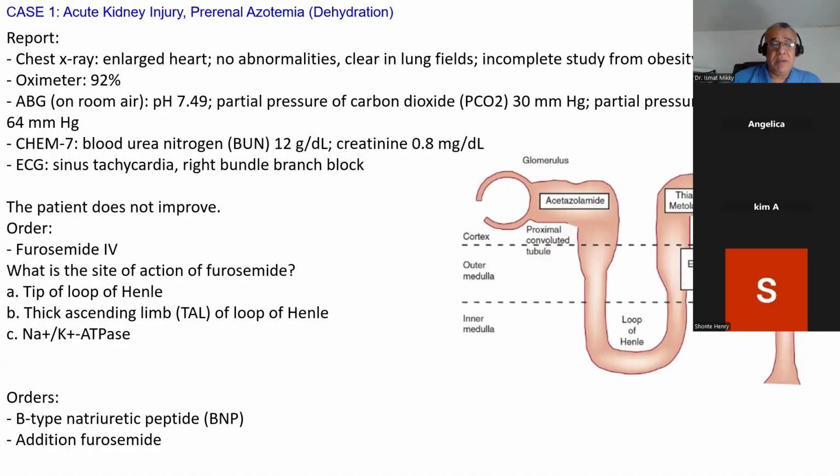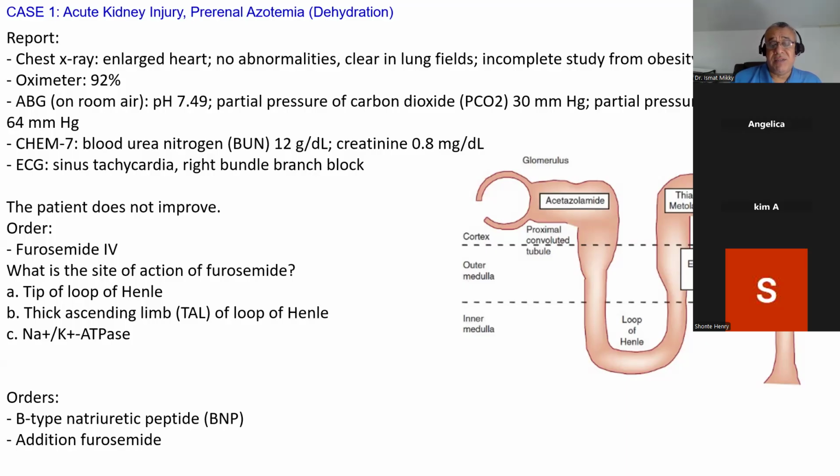Chest X-ray: enlarged heart, cardiomegaly. Oxygen saturation 92%, ABGs. What do you think? ABG is pH 7.49, PaCO2 230. We didn't have a bicarb, but is it alkalosis or acidosis? 7.49 is alkalosis, and the PaCO2 is alkalosis too, so this is a respiratory alkalosis even without looking at the bicarb.